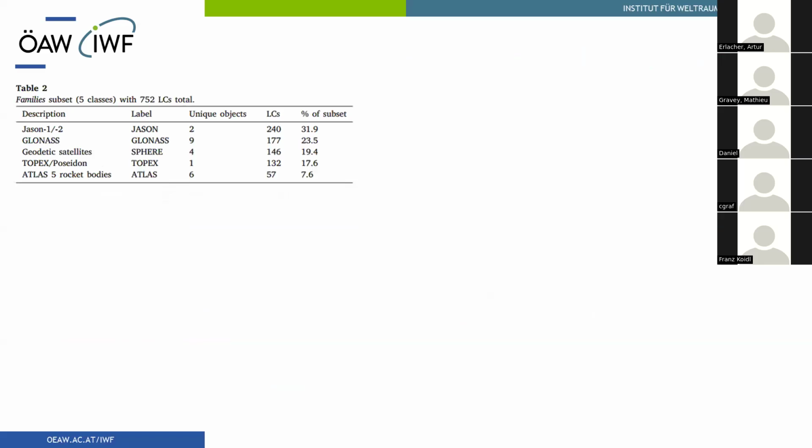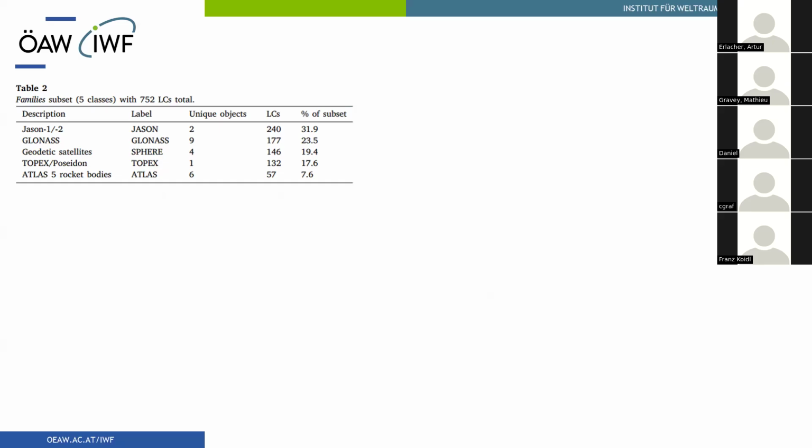I want to give you a hands-on example of what such a task might look like. So here I have my 5 classes. I decided to classify families of objects. For example, the JASON family consists of JASON-1 and JASON-2, which are defunct satellites. Then we have the GLONASS constellation, which is also a constellation of defunct satellites. But this group here is made up of 9 individual objects, and so on.